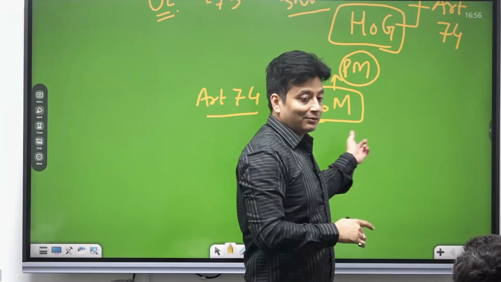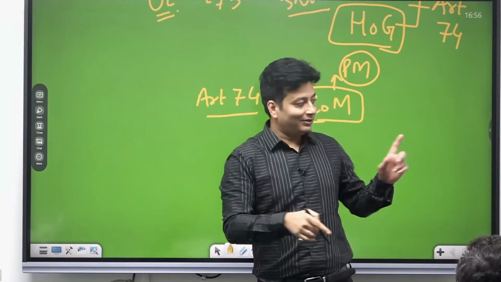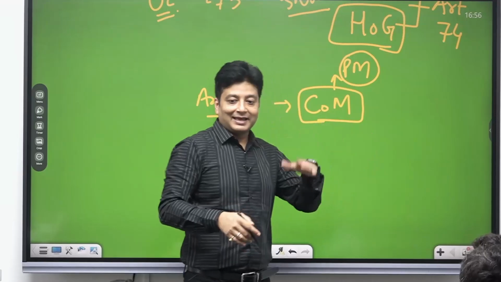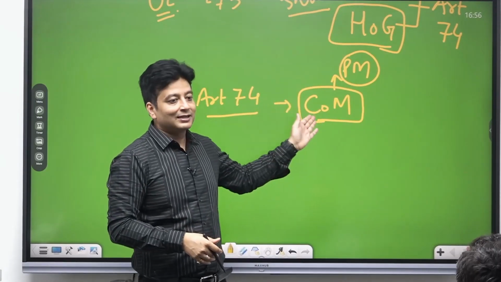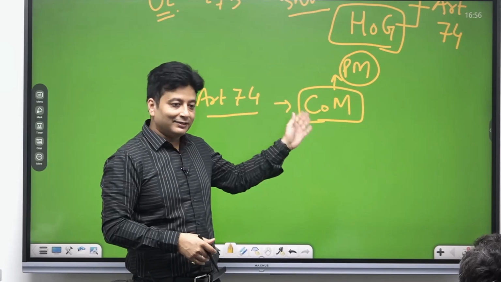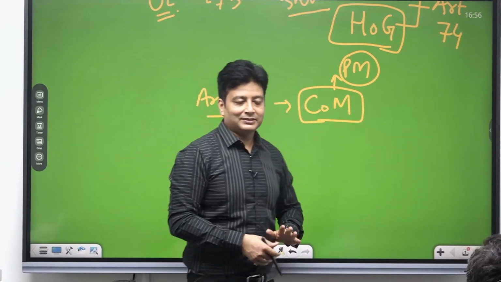Even if the council of ministers is not there, there is a caretaker government. The dissolved Lok Sabha works as the provisional Lok Sabha, and the provisional council of ministers is there, even if it is not in power, as the caretaker government to aid and advise the president.